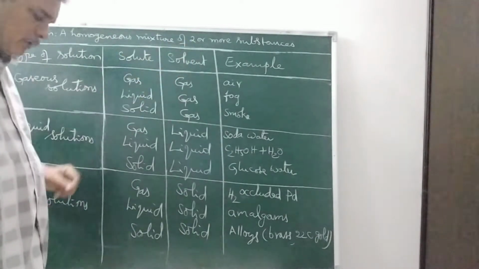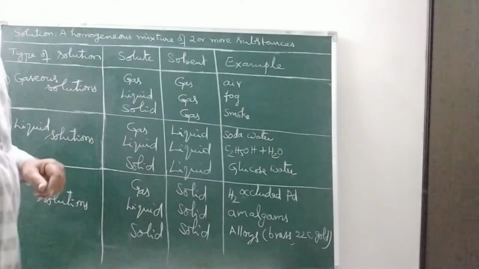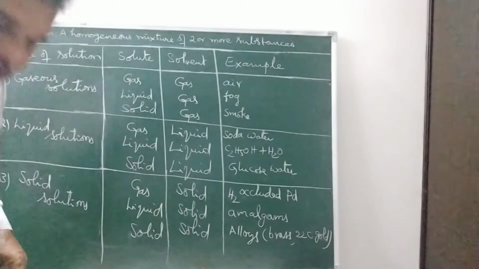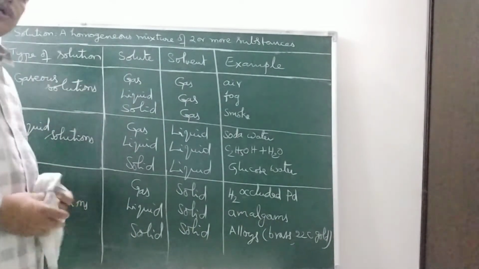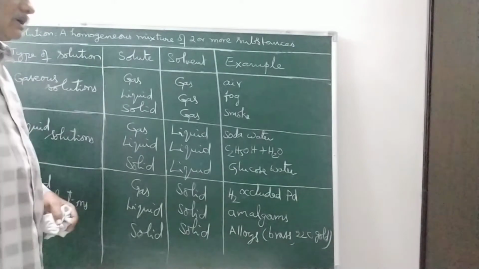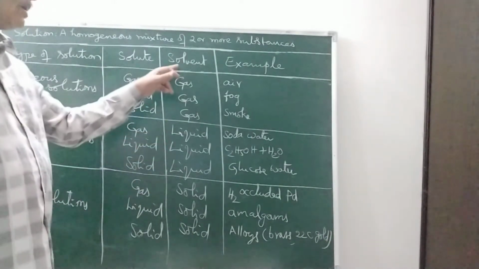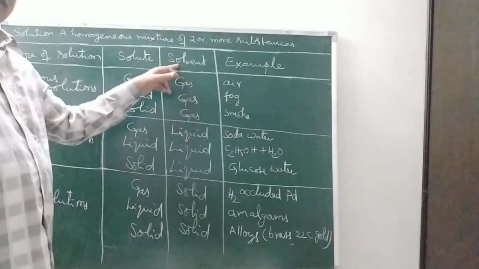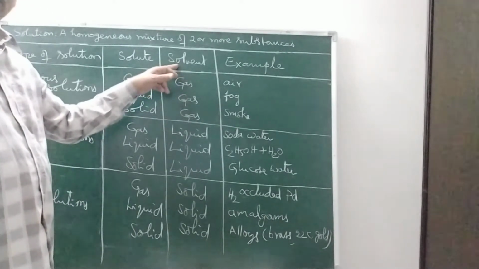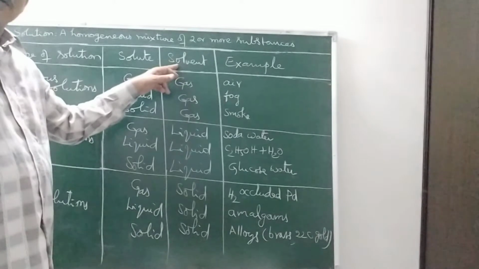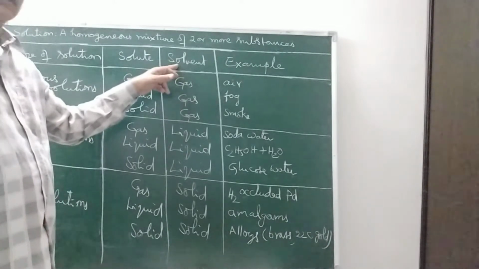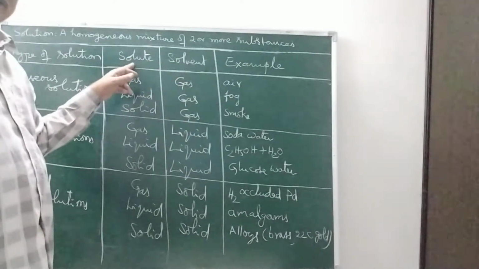In these two components, the component present in lesser quantity is called the solute, and the component present in larger quantity is called the solvent. For example, in a glucose solution, glucose is in lesser quantity, so it is the solute.